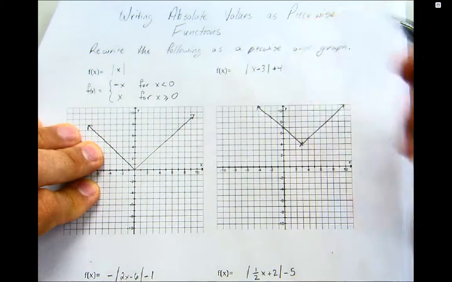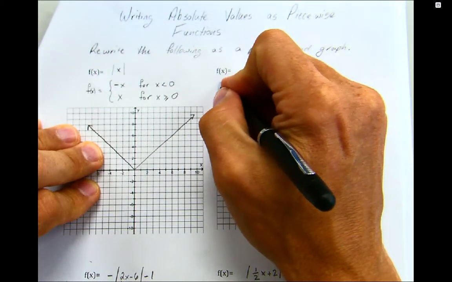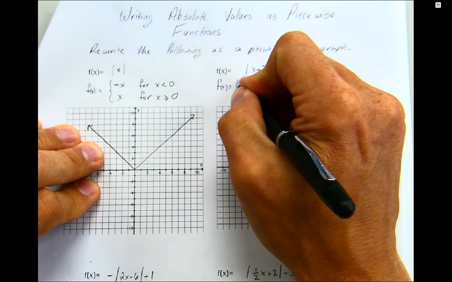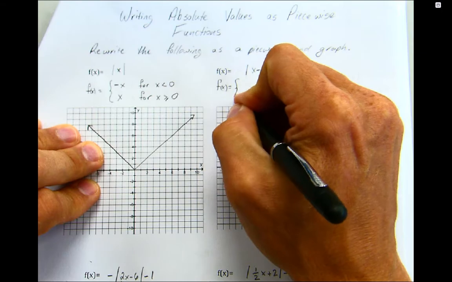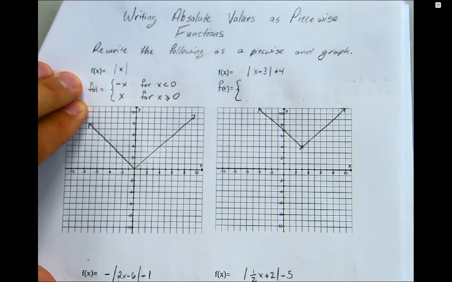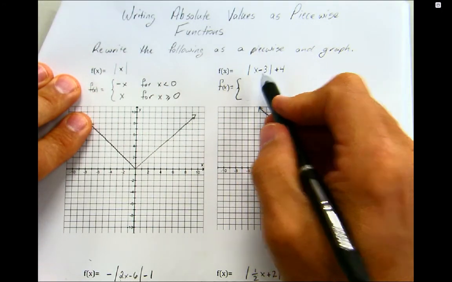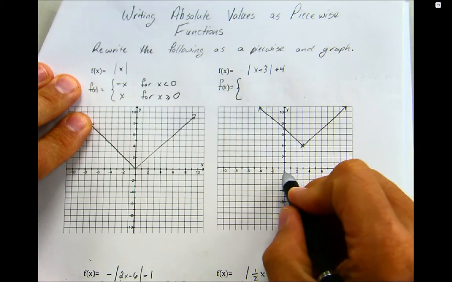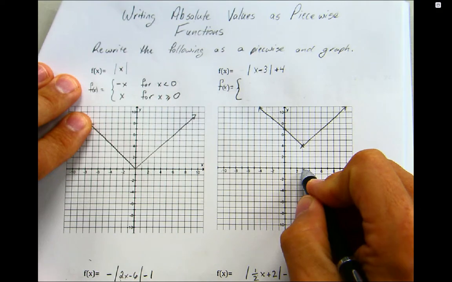All right, now, two lines, so that means I can turn it into a piecewise function. So f of x is going to equal, and just like we did over here, I'm going to make what was on the inside. My horizontal translation took me to +3, right?